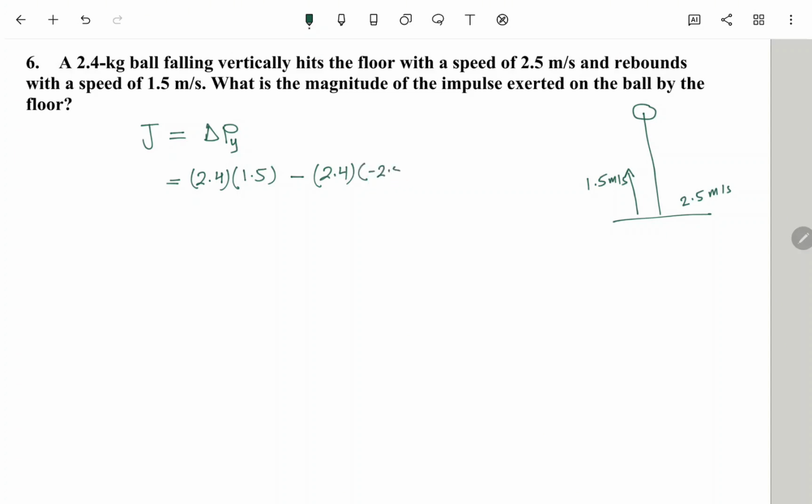You simplify this, it's equal to 3.6 plus 6, so the impulse is actually equal to 9.6 Newton seconds, or you can say kilogram meter per second.